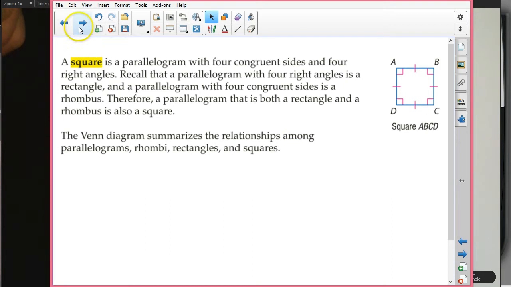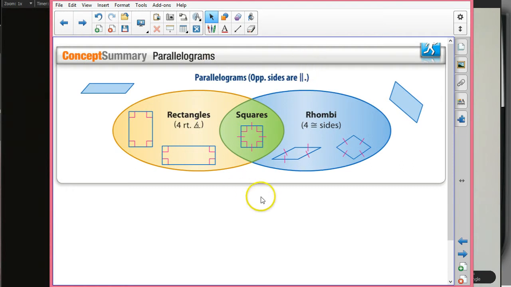So the way I like to explain this in class, and if you're in class paying attention, you heard this, is there's a Venn diagram drawing of this, and basically it's the fact that you've got all parallelograms. Okay, here they are on the outside of this figure here. And then you have rectangles, which are parallelograms with four right angles. Then you have rhombuses, or rhombi, where you have parallelograms with four congruent sides.